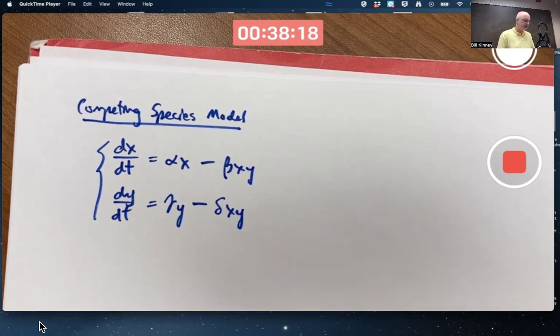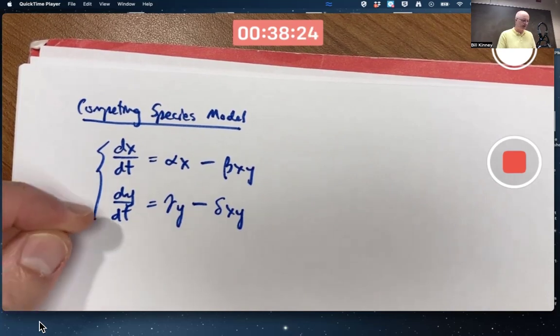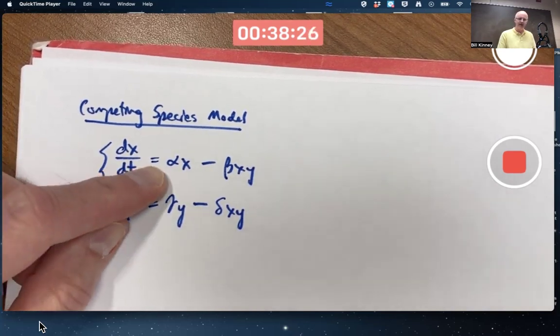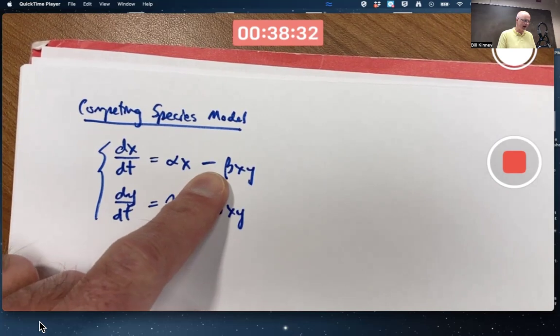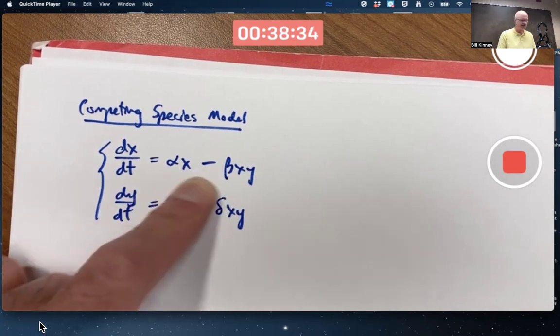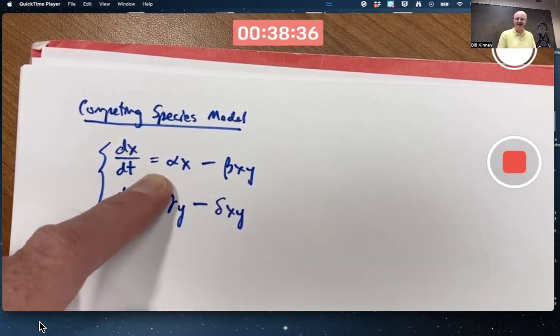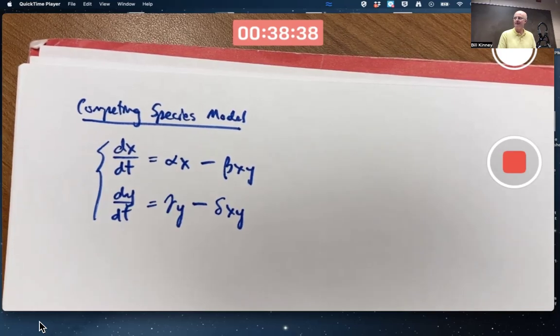So what's the difference between this and the predator-prey? Besides using x and y instead of r and w, the negative sign that was there in the predator-prey became positive, and the positive sign that was there became a negative. I switched the signs in the dx/dt equation, is what I did.